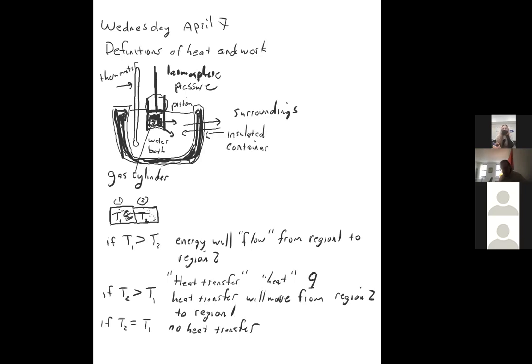So heat might flow out to the water. When that happens, we call that an exothermic process. So exothermic is the case where heat is produced by a reaction. We're talking about chemical reactions.